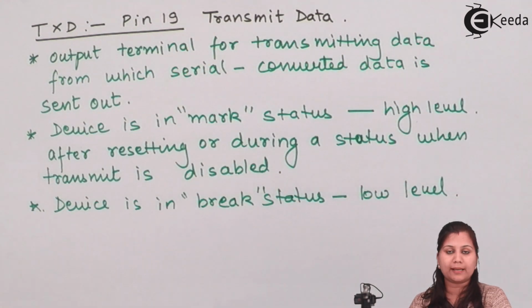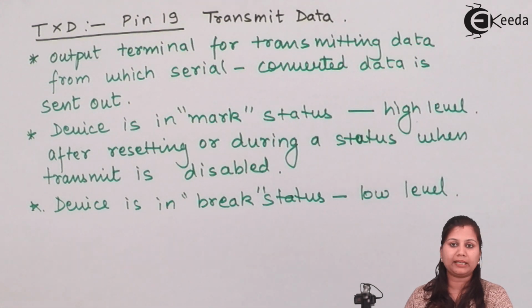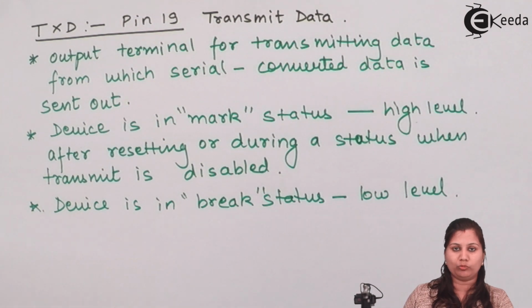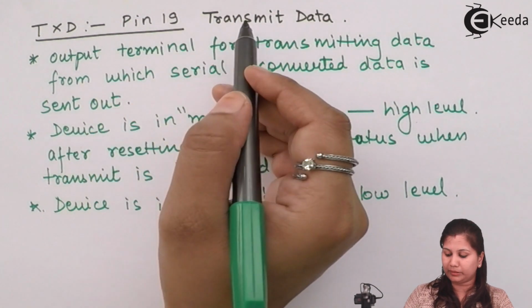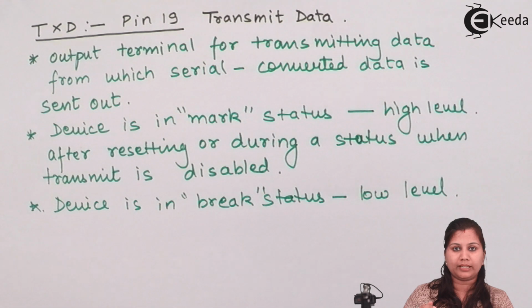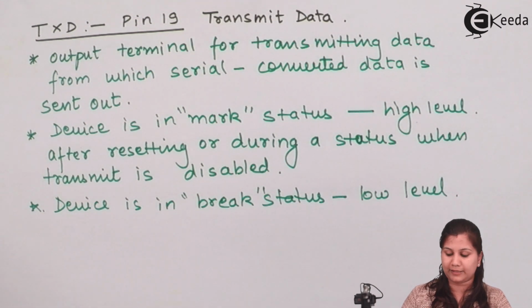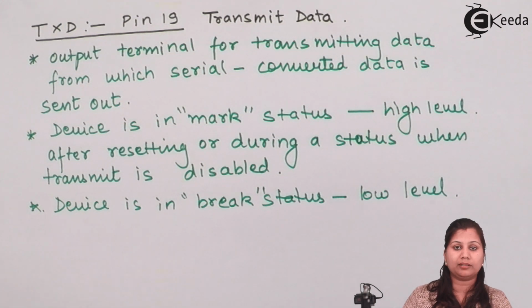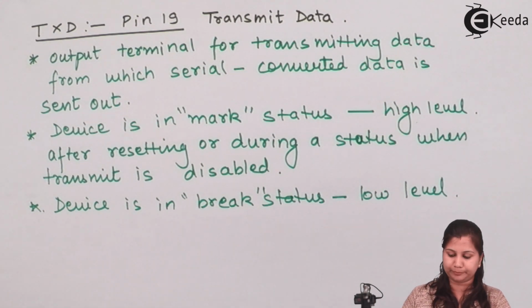We can also disable it by the command words only. So this pin can be enabled or disabled by using the command words. When this is enabled, then the data is going to be transmitted by the 8251. When this pin is disabled, then no transmission of data takes place. So this pin is basically used to enable or disable the transmission of data.